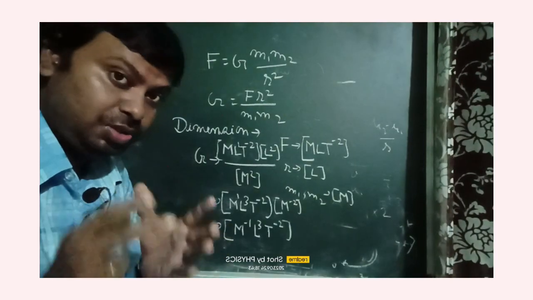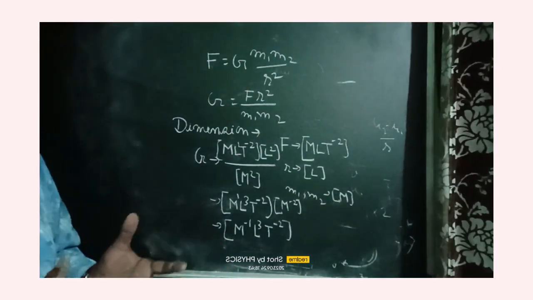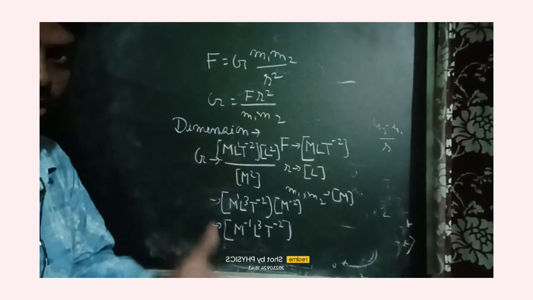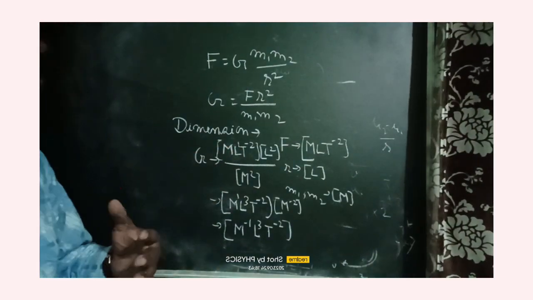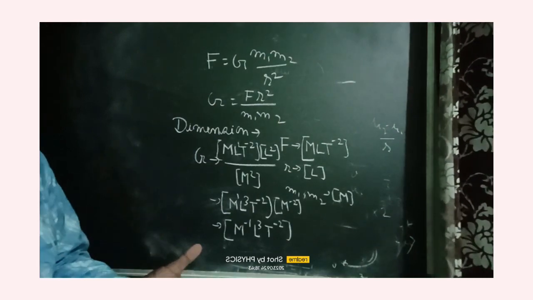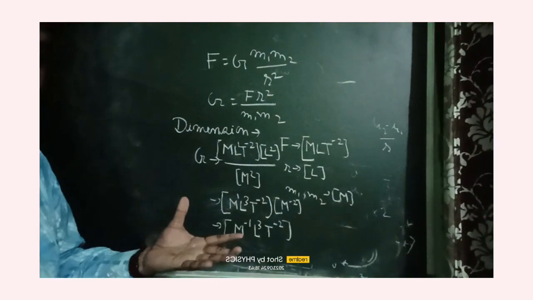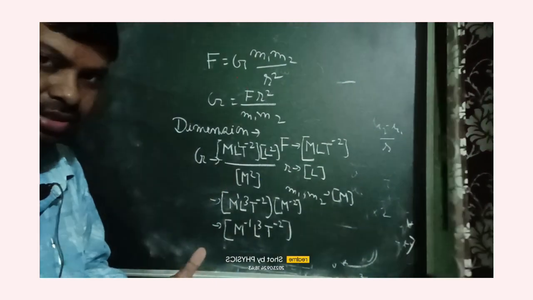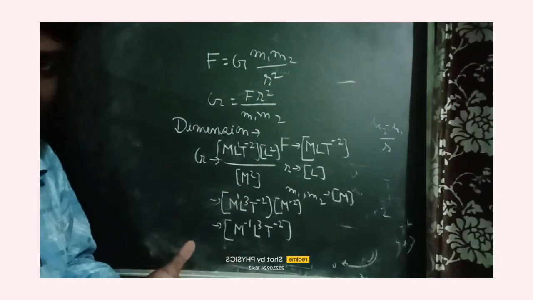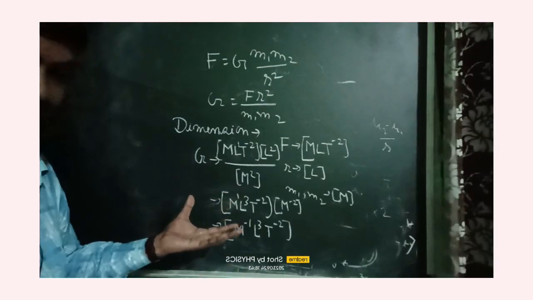Now, it may be asked in the examination why G is called the universal constant. Let's focus on that point. On the earth, on the moon, on the sun, or any other terrestrial objects, the constant has a fixed value, 6.67 into 10 to the power minus 11 in SI units.